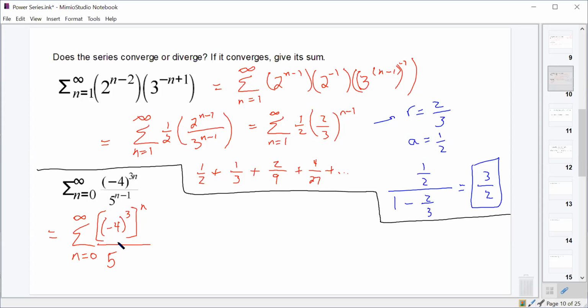Good or no? With the numerator part? Okay. And how do I turn 5 to the n minus 1 into something that has a 5 to the n?